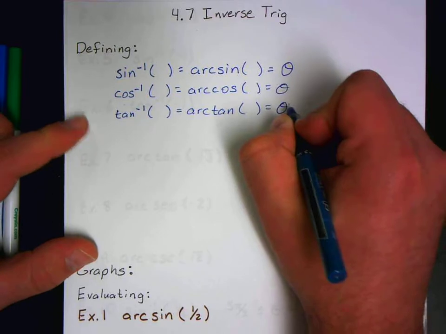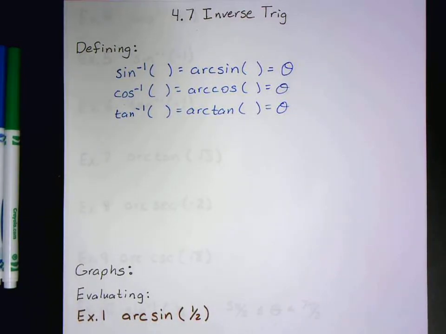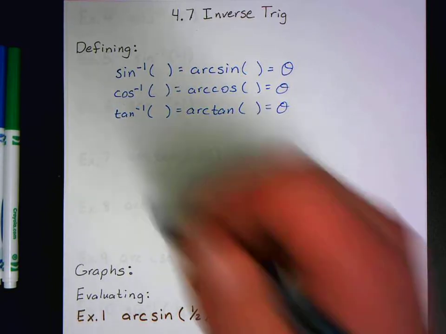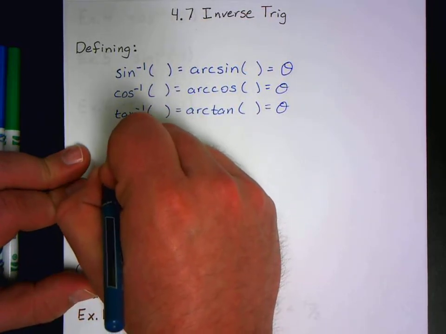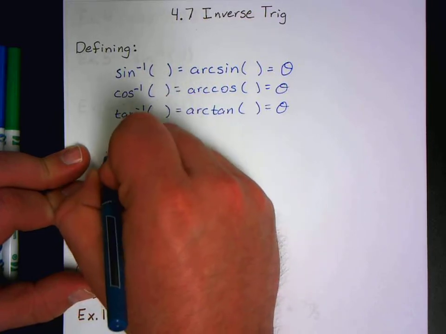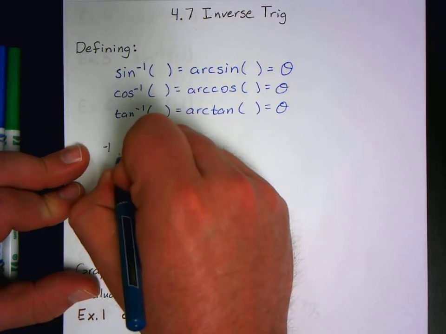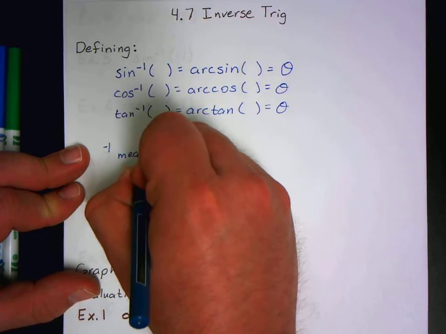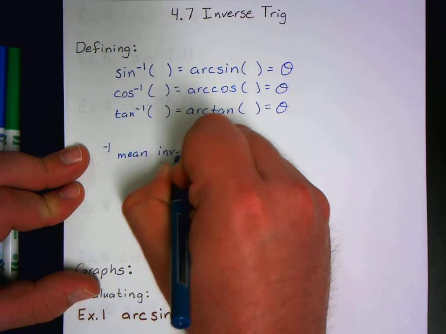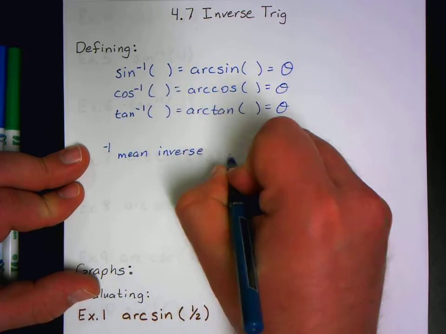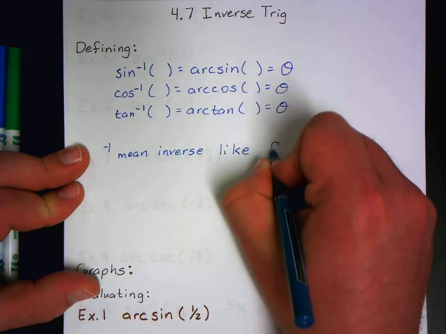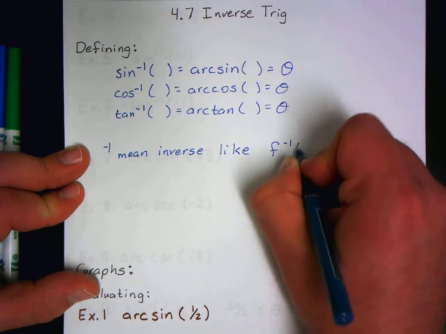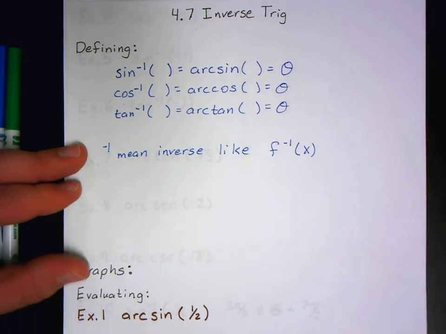The thing to remember with the -1: -1, unfortunately, means several different things in math. This -1 means the same thing as inverse, just like whenever we were doing inverse functions.